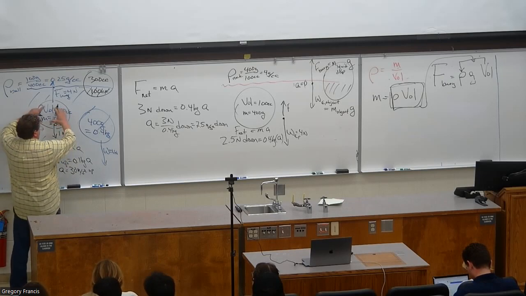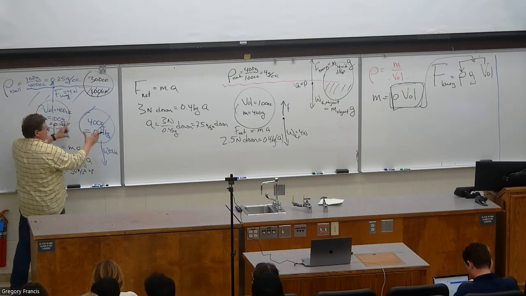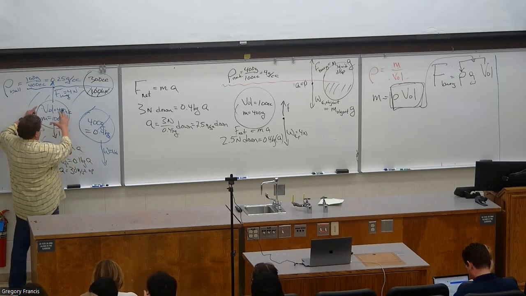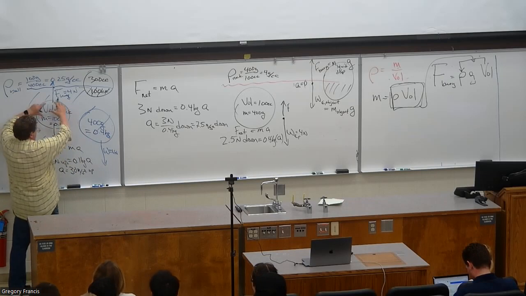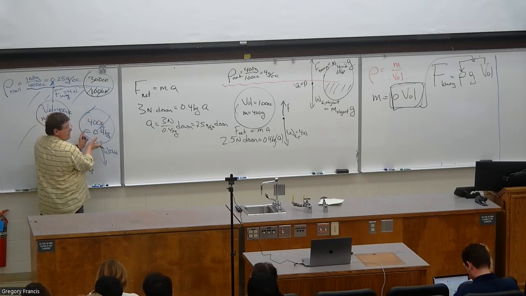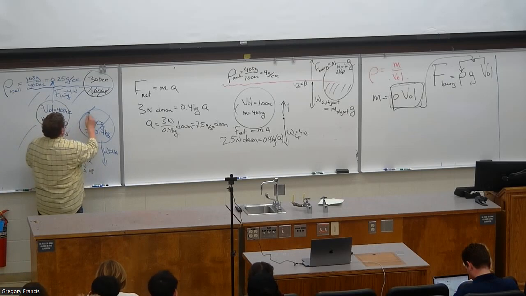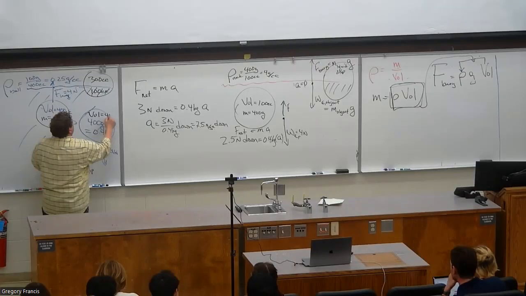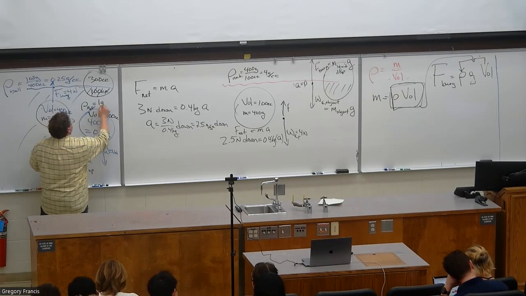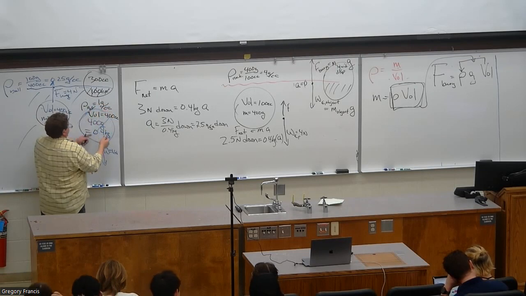The buoyant force is the weight of water that's displaced by the ball. The ball had a volume of 400 cubic centimeters. So if I imagine a ball of water the same size, it would have a volume of 400 cc's, but because the density of water is 1 gram for each cc, that's 400 grams.